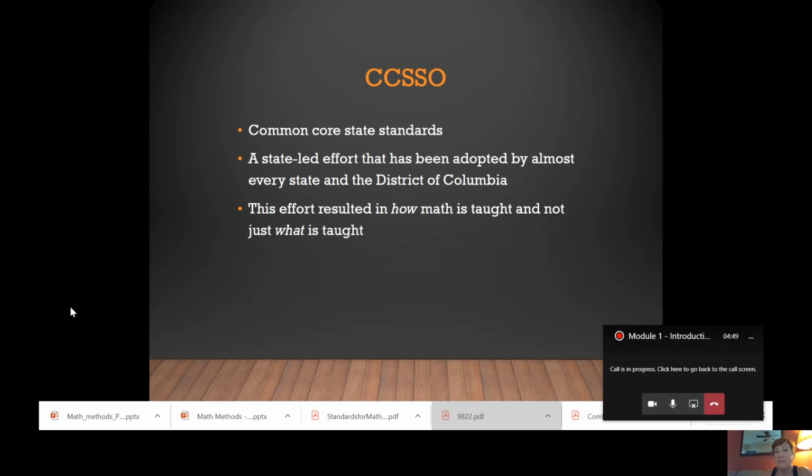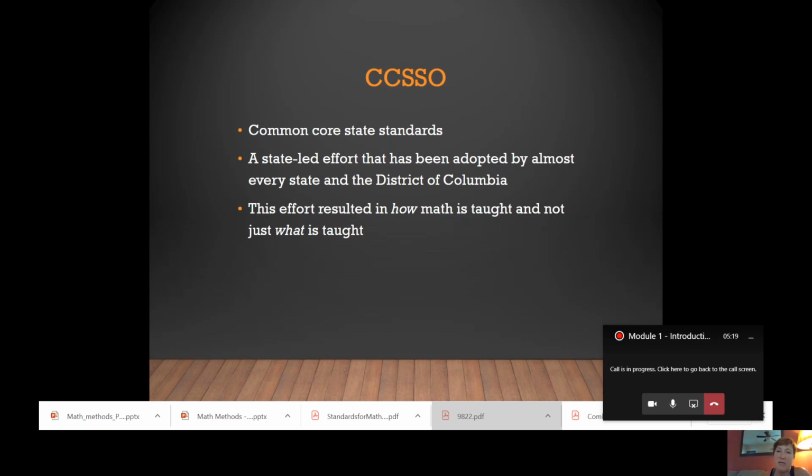Okay, the Common Core state standards are standards that we are going to use within this class. And you may have used them in other classes, but it's something we're definitely going to use in this class. The standards were a state-led effort adopted by almost every state and the District of Columbia.